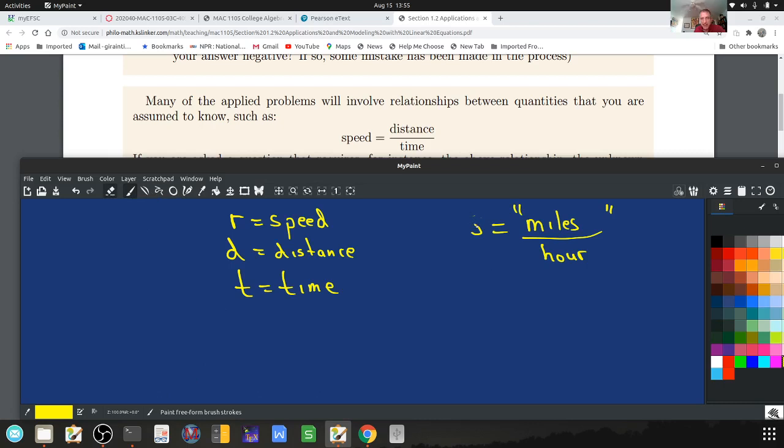I assigned an S for speed instead of an R. Sorry about that. R stands for speed. I like S better, but R is what they use. It is conceptually miles per hour. Miles is a measure of distance, an hour is a measure of time. So we have the equation R is equal to D over T.